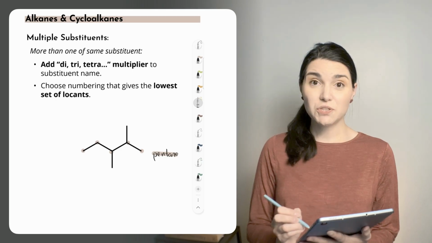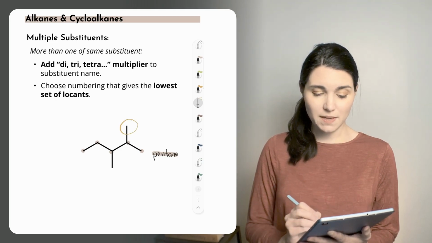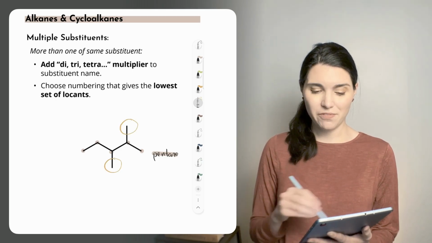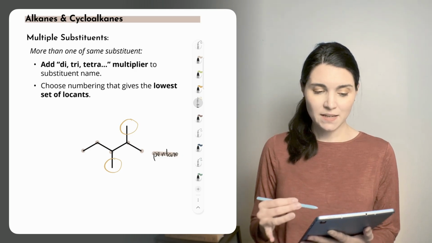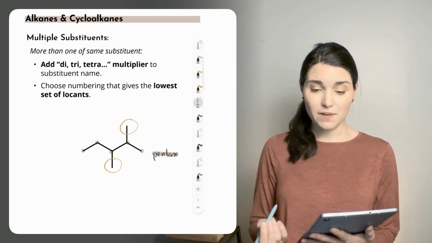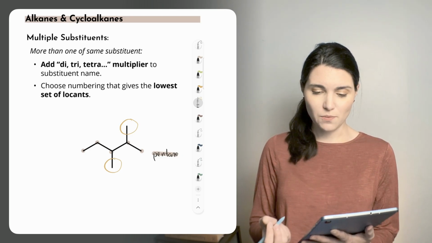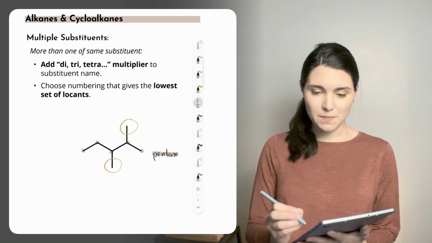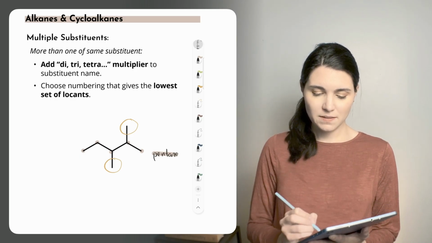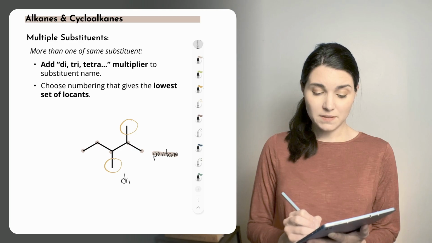And then there are 2 methyl substituents, one here and one here off of that main parent chain. To signify that we have 2 methyl groups and not just one, the substituent name is going to be dimethyl.